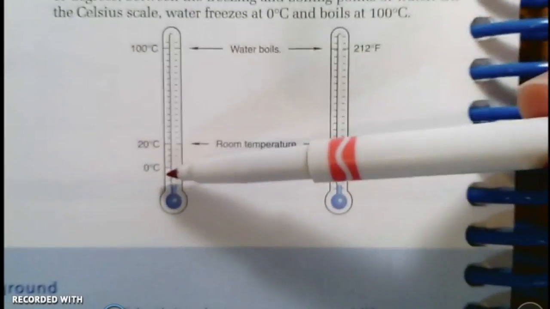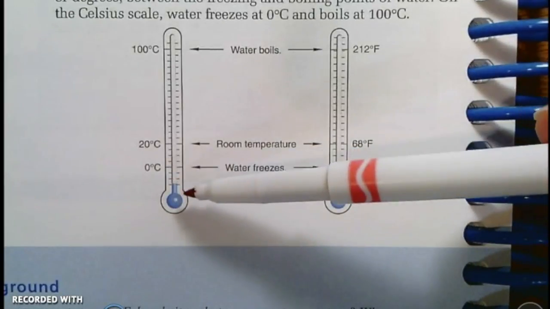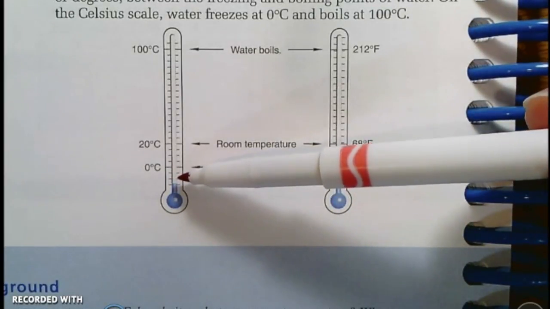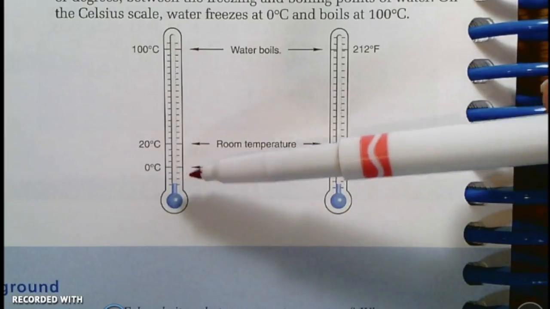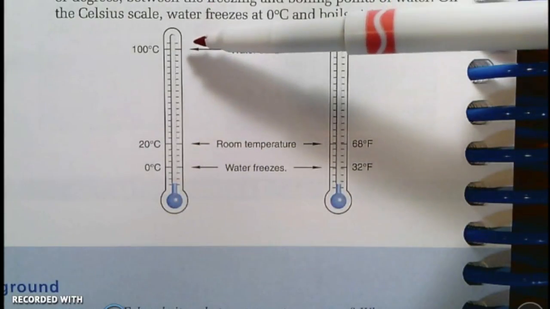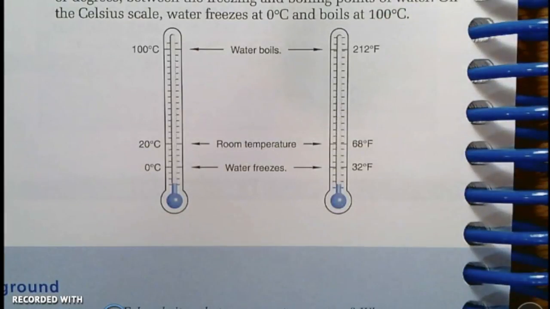Number lines also would continue down. Even though this thermometer doesn't show it, you could go much lower than 0 degrees Celsius when you're talking about very cold things, or much higher than 100 degrees Celsius when you're talking about very hot things. So you should be familiar with Celsius and Fahrenheit and know that Fahrenheit is what we use. The rest of the world uses Celsius, and it's based on what temperatures water freezes and boils at.